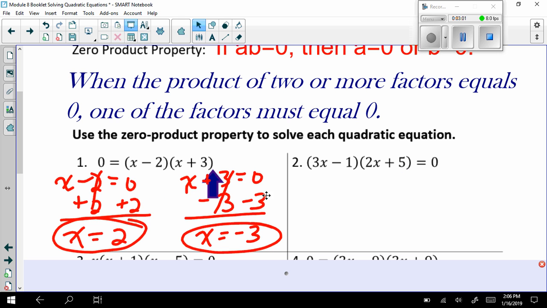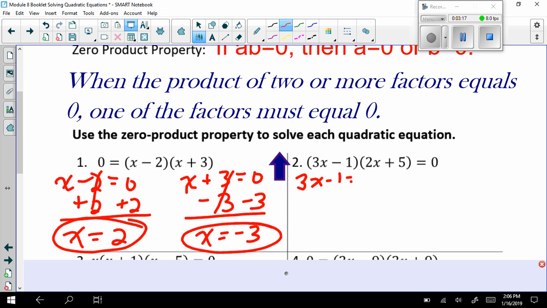Just taking the opposite doesn't work in this case. So I'm going to do the whole zero product property here. If I've got 3x minus 1 times 2x plus 5 equal to 0, then either 3x minus 1 equals 0 or 2x plus 5 equals 0, and I need to solve each equation.